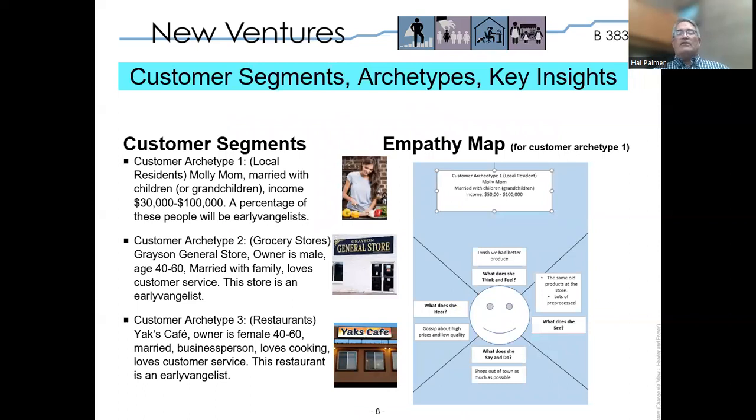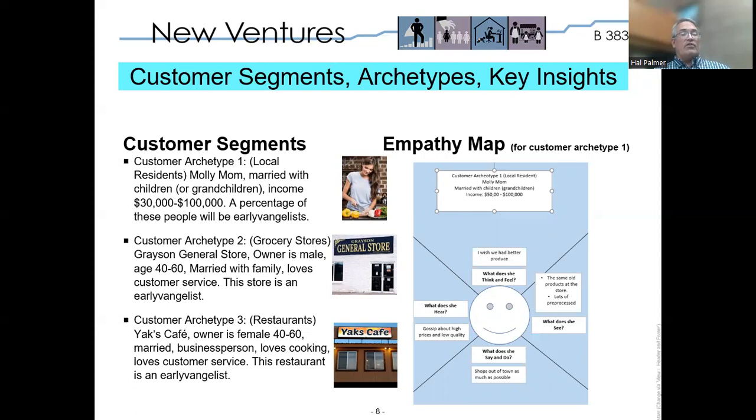So, as I mentioned earlier, we have customer segments. So let's take a closer look at these customer segments. Customer segment 1 is the local residents. And so I kind of made a customer archetype of the local residents that may buy our product. And I called this Molly Mom, who is married with children or grandchildren.